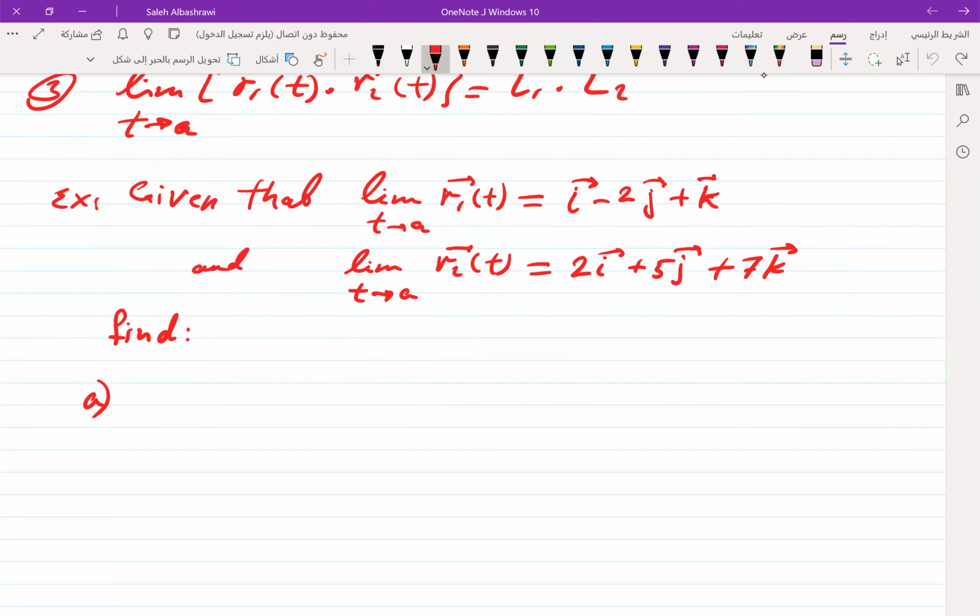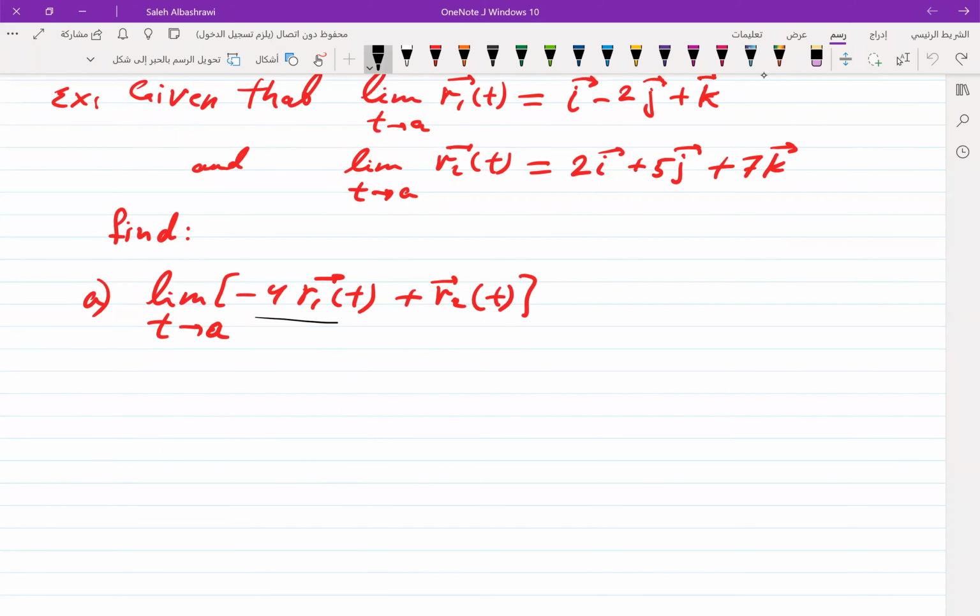(a) I need to find the limit of minus 4 r1(t) plus r2(t) as t goes to a. So I need to find the limit of minus 4 multiplied by r1(t) plus r2(t). All we need is to apply the properties of the limits. The first one is a scalar multiplied by the vector function r1.